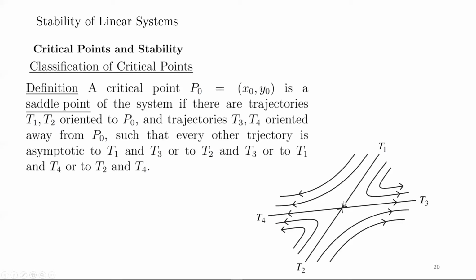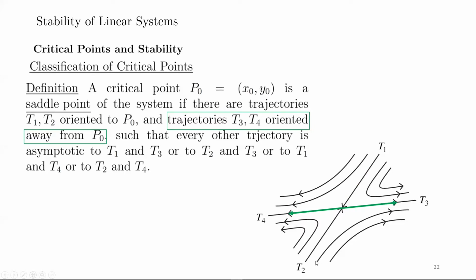T1, which is moving towards this critical point P naught, T2, which is also moving towards P naught, and T3 and T4 are moving away. Well, I should use the color. T1 and T2 are orientated towards the critical point P naught. T3 and T4 are orientated away from P naught. All the other trajectories move along those asymptotes towards those lines.